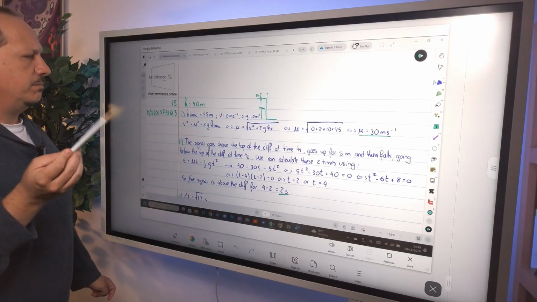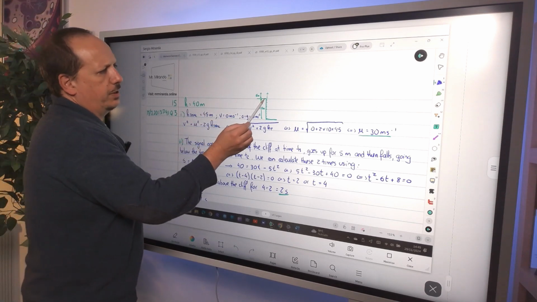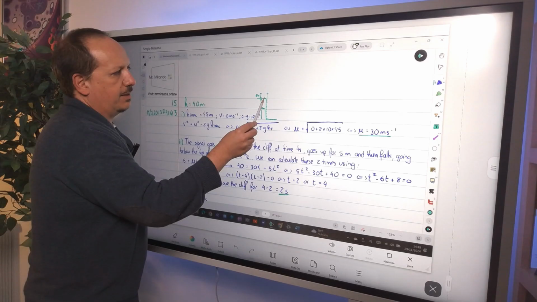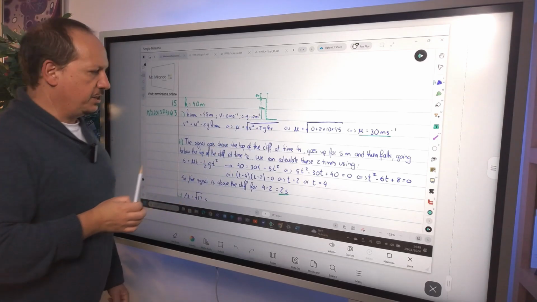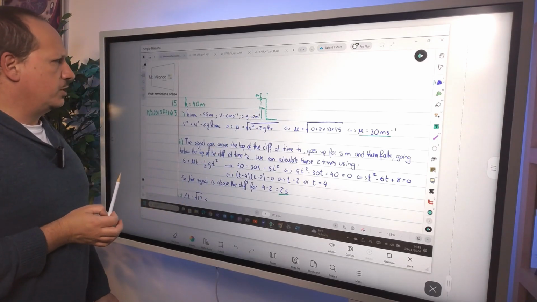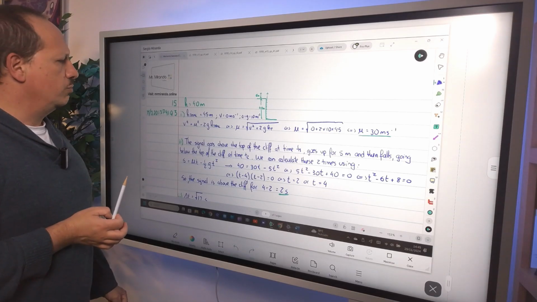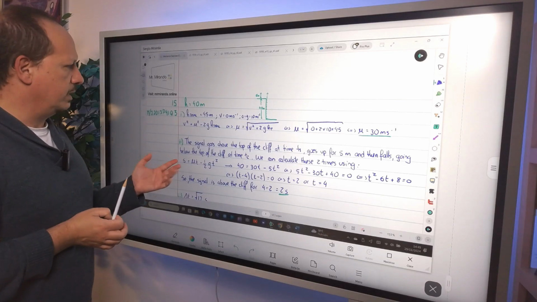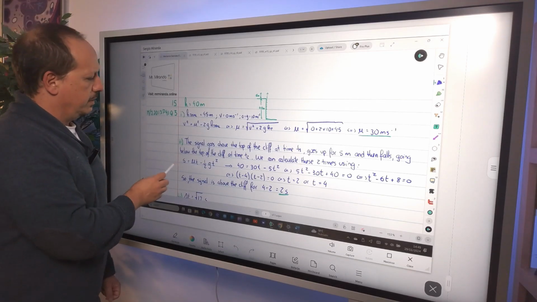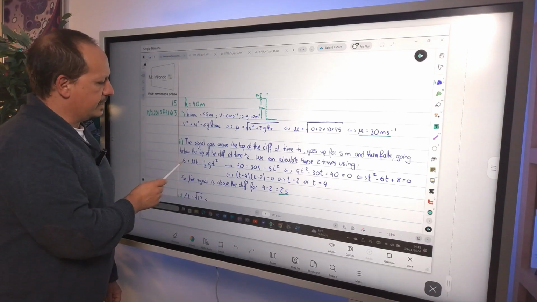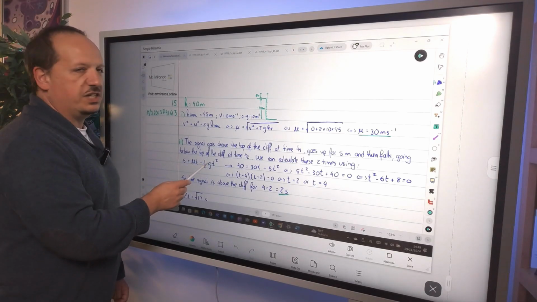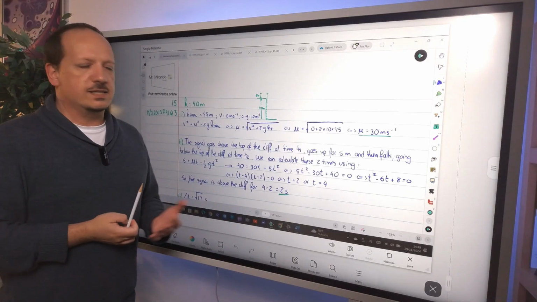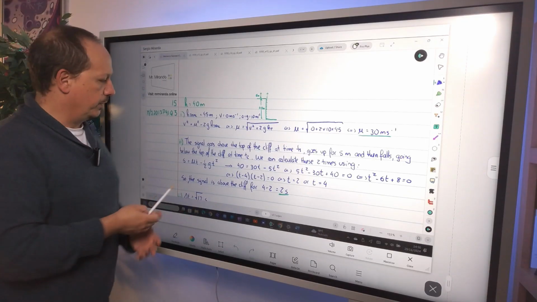We can call the time for the flare to pass over here while it is going up t1, and the time when it goes down t2. And you pretty much know everything that you need to know in order to get the information that you want. Look over here. If you apply this formula, s equals ut minus 1/2 gt squared, don't forget that the only acceleration the flare is subjected to is the acceleration of free fall, right?